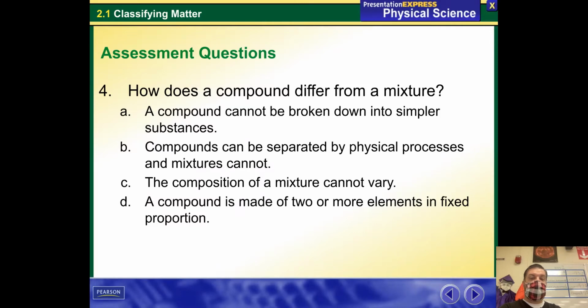Ooh, that's a tough one. A compound cannot be broken down into simpler substances. Compound, let me reread these, can be separated by a physical process. No, composition of a mixture cannot vary. That's not true.